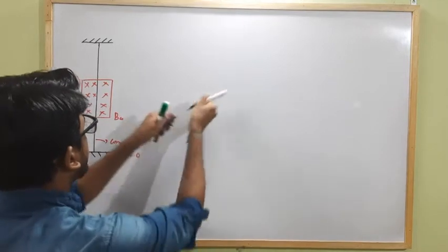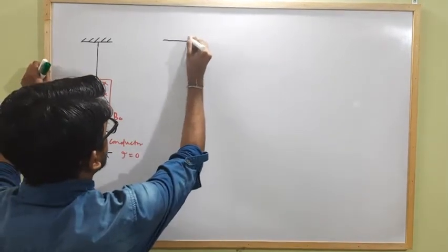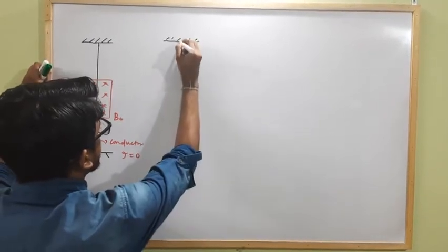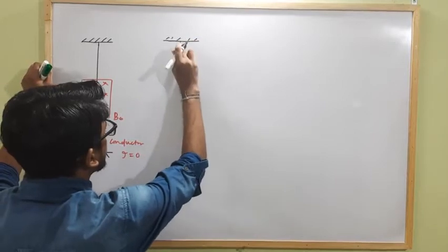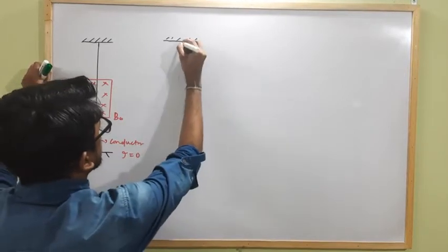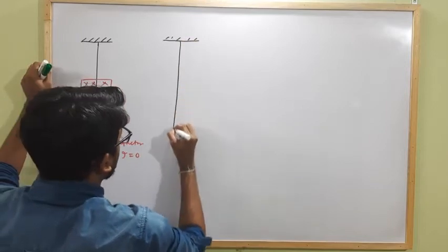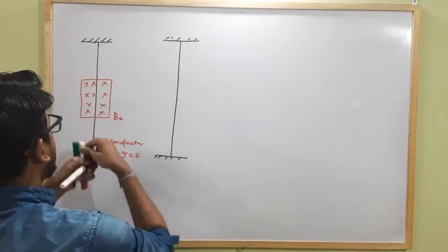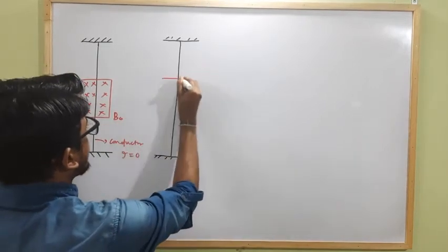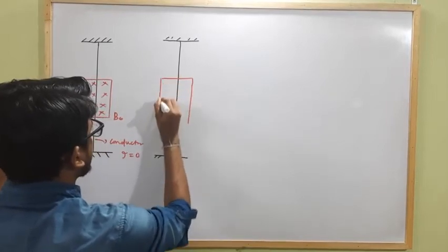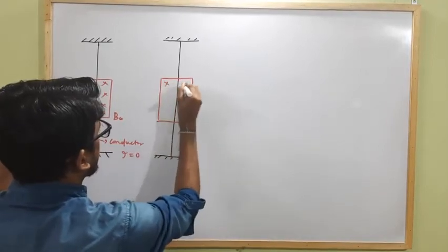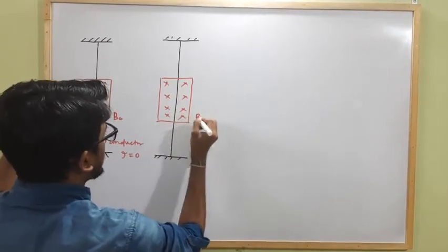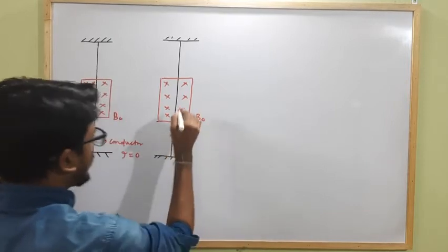But if the same conductor is here, and in this region the magnetic field is into the plane, B naught be the strength, and current I is flowing along this direction.